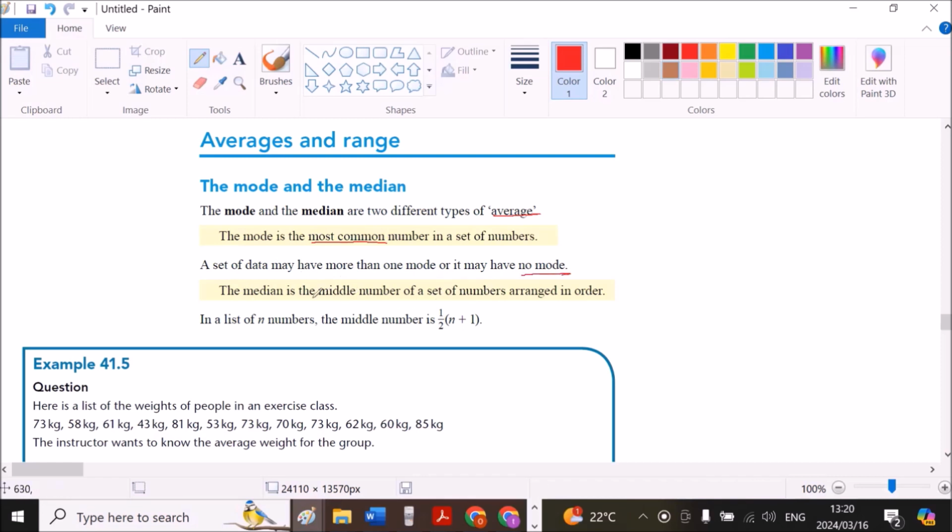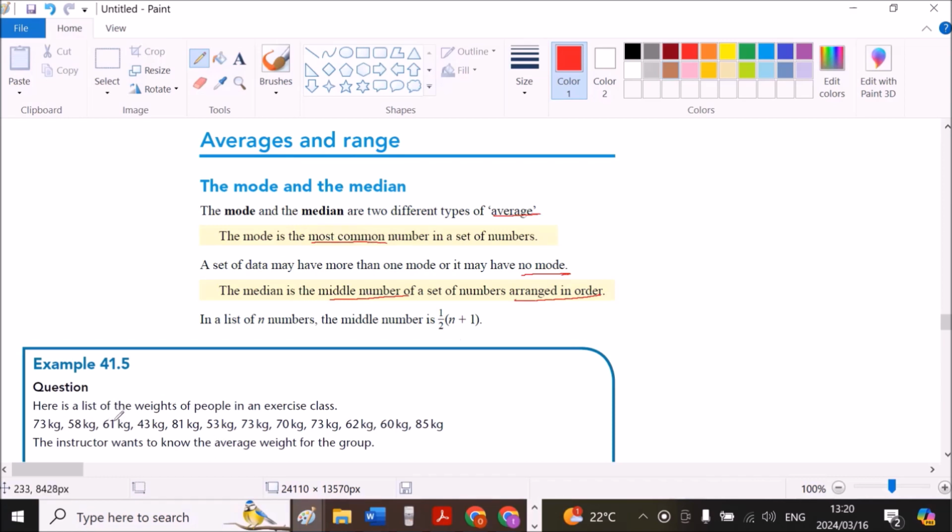The median is the middle number of a set of numbers arranged in order. In a list of n numbers, the middle number is (n plus 1)/2. So to get the median, we must arrange in order, while the mode is the most common.